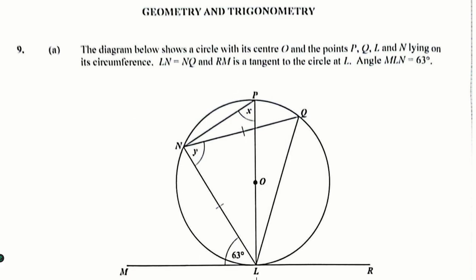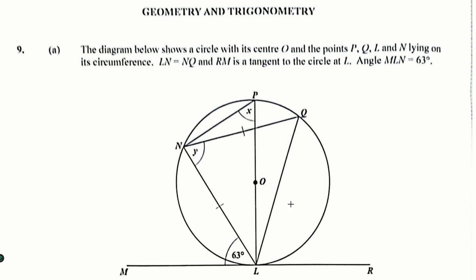RM is a tangent to the circle at L. Immediately we know there's a tangent meeting our diameter, so therefore that is 90 degrees. This is 90 degrees. Here is 90 degrees.